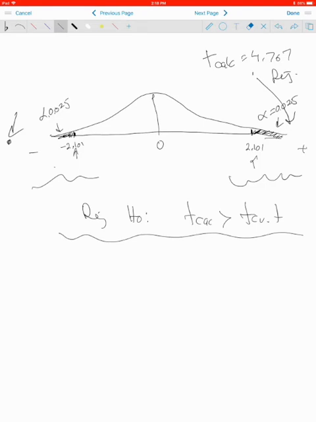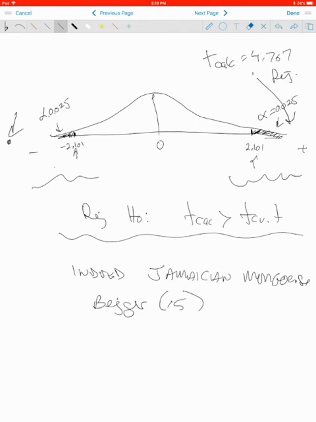Then look at the data, look at the means, and say, indeed, Jamaican mongooses are bigger, 15, whatever the units was, versus 10 for India.